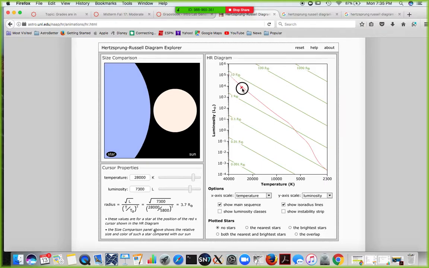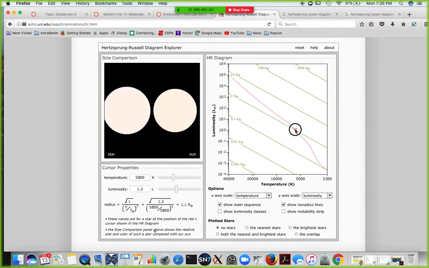If you compare stars like I'm doing now in the main sequence, those are main sequence stars. As you go down to stars on the main sequence, to the right and lower, which means subluminous and relatively cooler, they tend to be small when compared with the Sun.